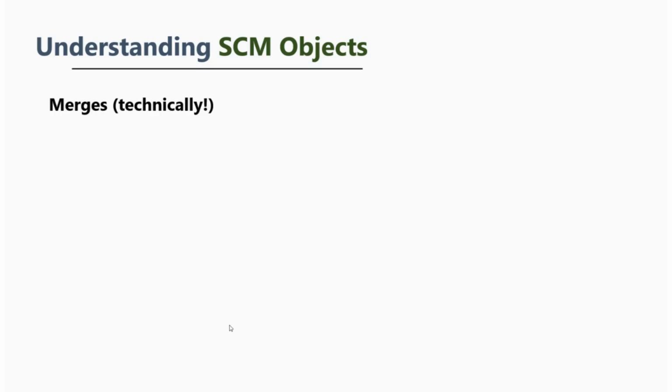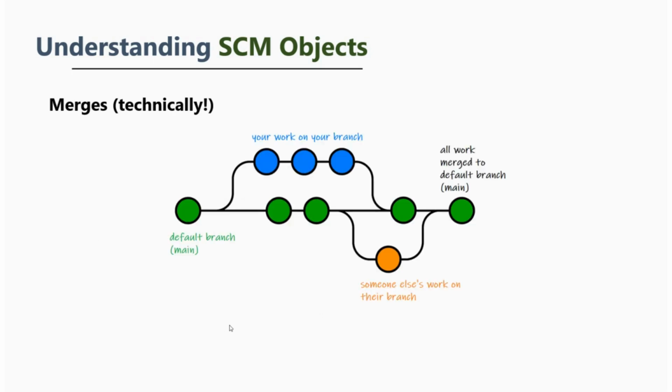Alright, technically speaking, merges can be visualized something like this. Let's suppose you start with a clean fresh repository with a default branch main. From here, you try to create a new branch called the blue branch and you start working on your set of features. You try to add code, you try to make changes to files and folders, which are identified by three blue commits here. Once you're done with your code, you merge it to the main branch in the fourth green dot that you see. So the fourth green dot consists of the changes that you made on the files in the three blue dots earlier.